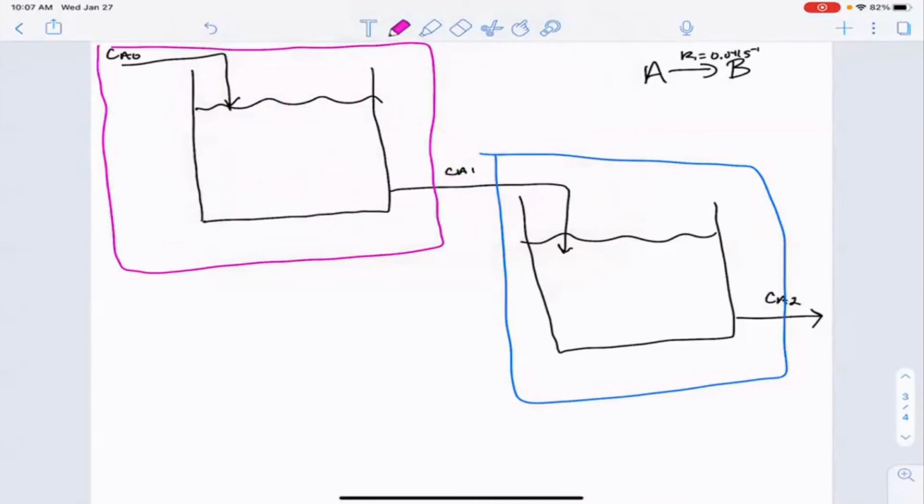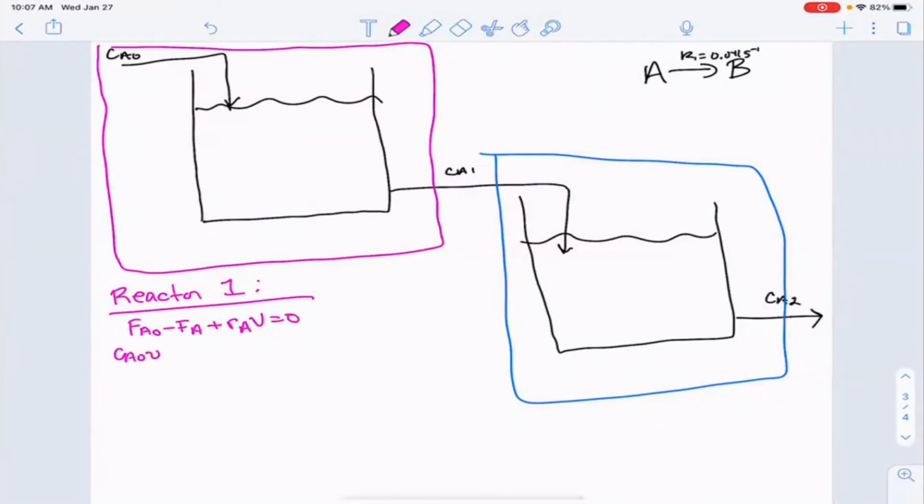So our mole balance on reactor 1, we had, right, it was FA0 minus FA plus RAV is equal to 0. And this was CA0 times the volumetric flow rate minus CA1 times the volumetric flow rate plus RAV is equal to 0.